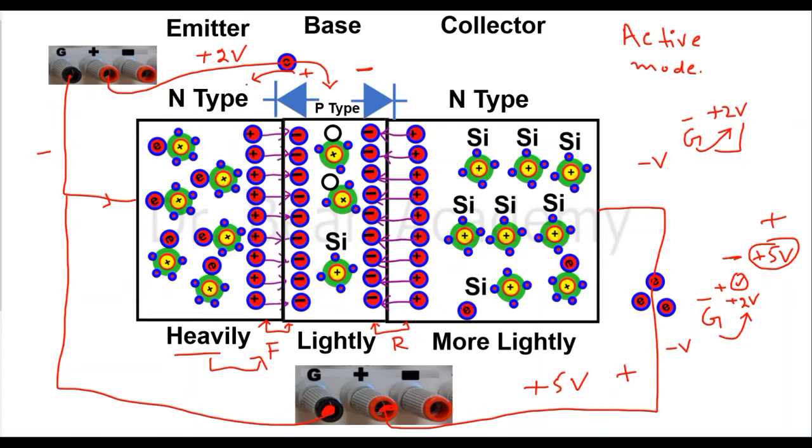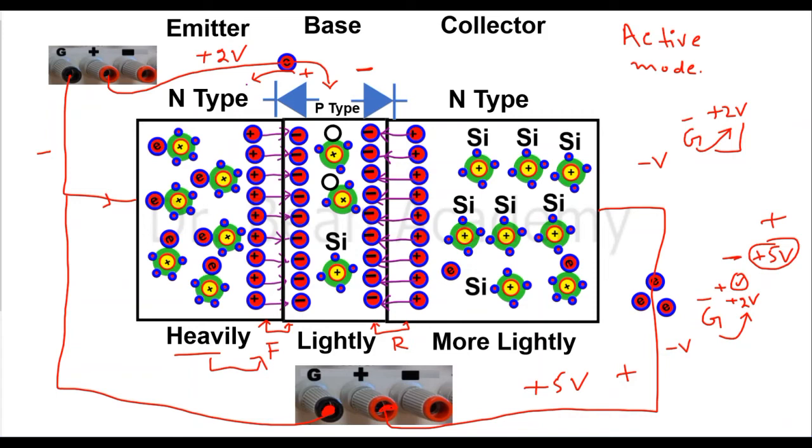It's a different story. But if an electron is in the collector region, this is also an n-type, but unfortunately this n-type is connected with the positive side, so instead it will go away from the junction. There is no chance that this electron will go into the junction. So for the electrons which are in the n-type collector region, this is a reverse bias mode, and there is very low probability they can cross this junction.